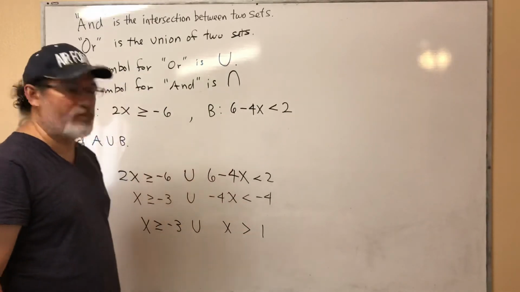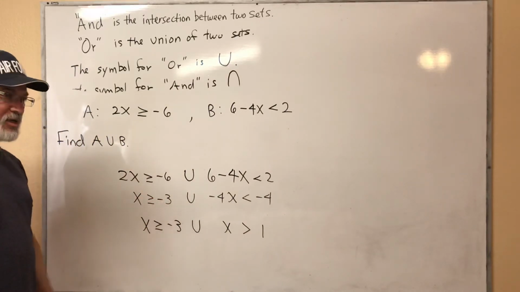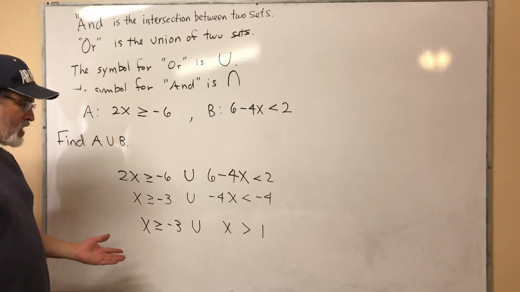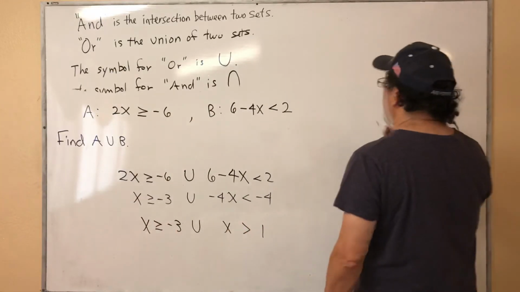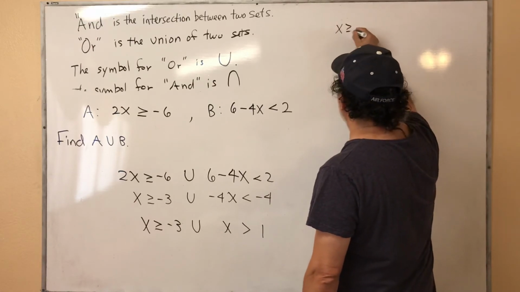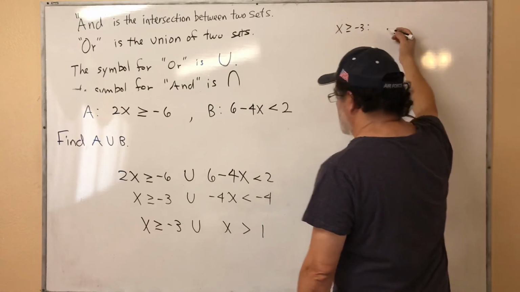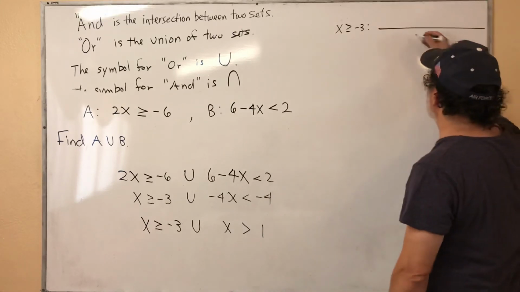Right there. Now I have to get the union. What we did earlier was, let's take A and let's graph A. This is A. A is x is greater than or equal to -3. Let's just graph it. Here is -3.